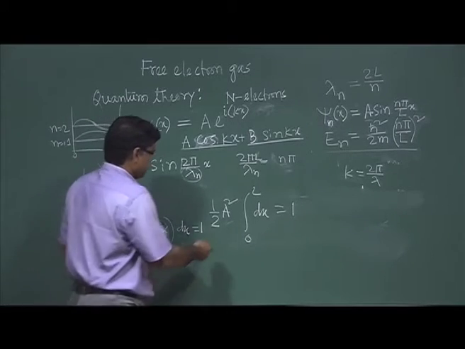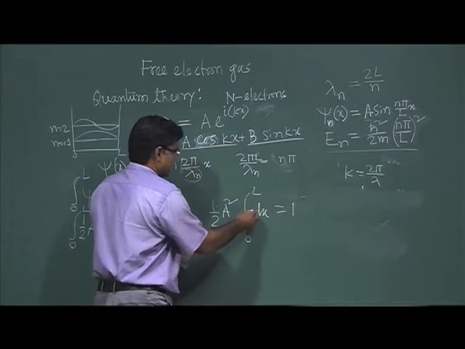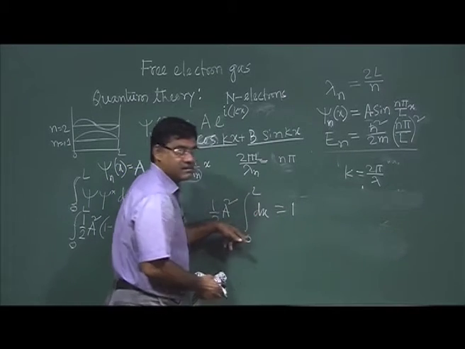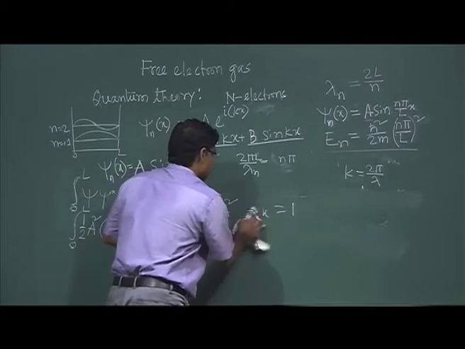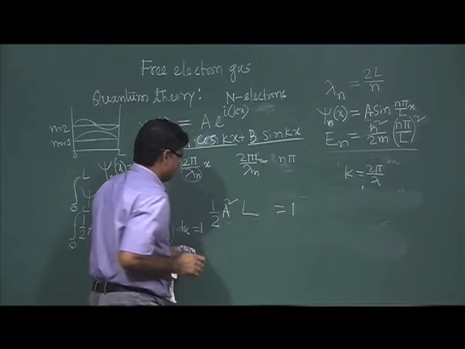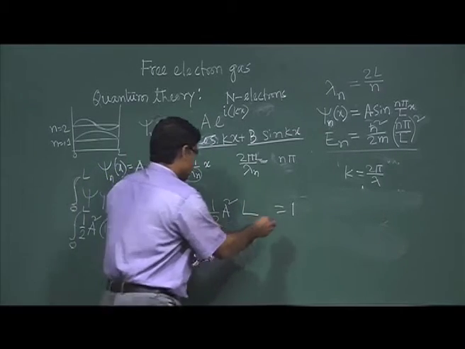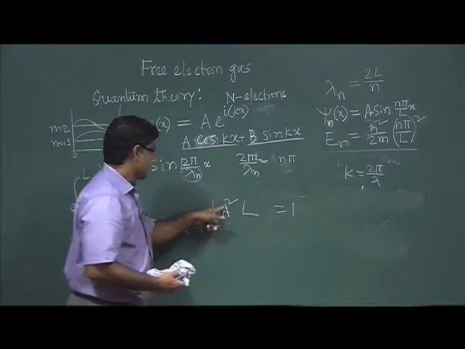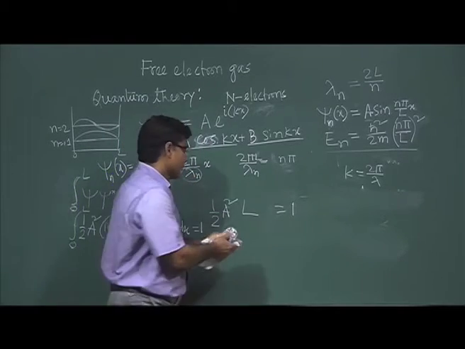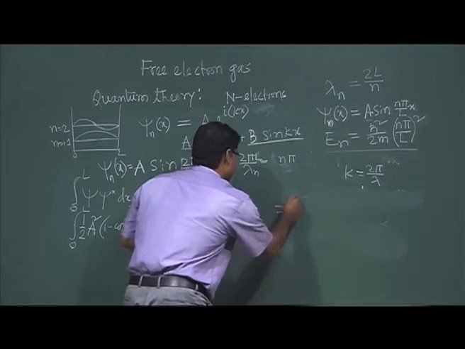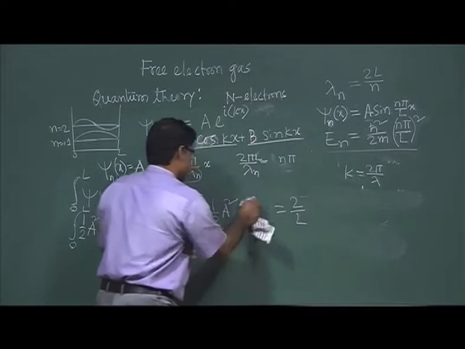So, this part will give you L after integration, this part will give you L. So, here a square you will get 2 by L, a square you will get 2 by L, right.